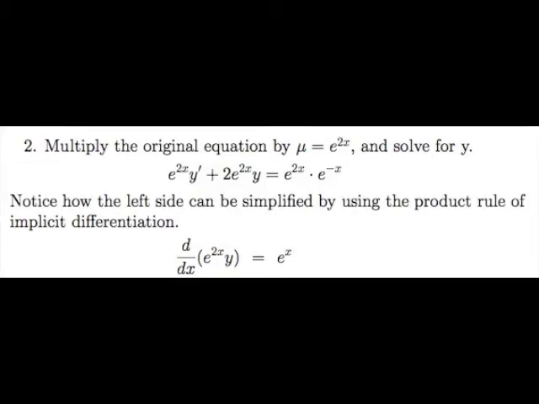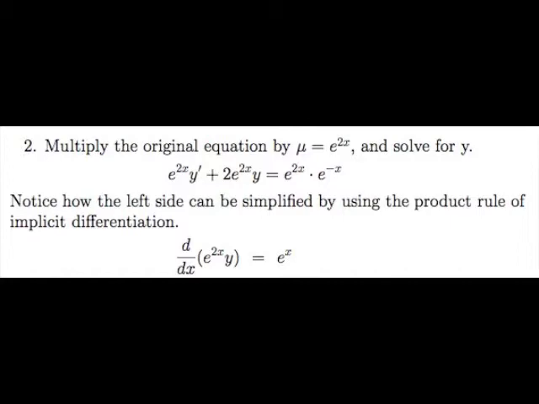What I mean by the reverse product rule is that, on the last line, if you were to differentiate e to the 2x times y implicitly with respect to x, you would end up with exactly what's just above it on the left side of the equal sign. That is, e to the 2x y prime plus 2e to the 2x y.